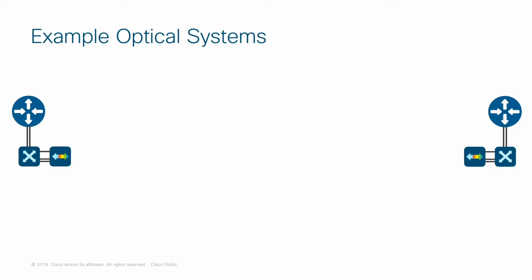That means we can take our signal and map it onto a color, and we can have 64 or more different colors, each one representing a connection between these optical transport network devices. So the transponder is converting from gray light to a colored light.